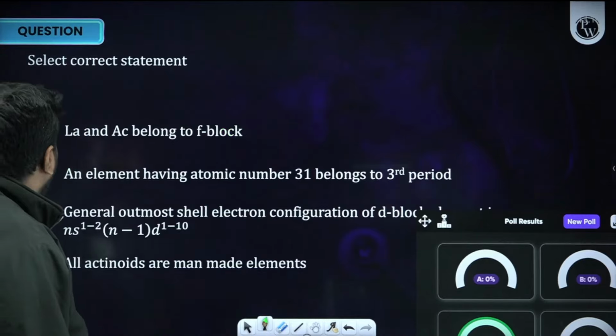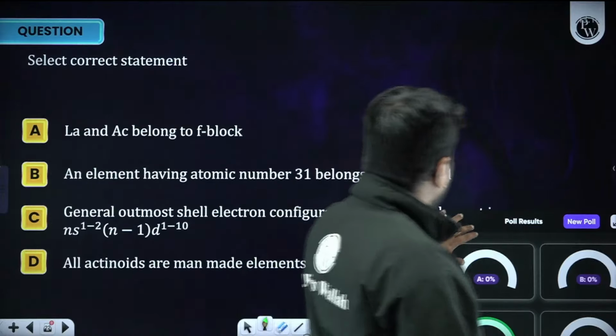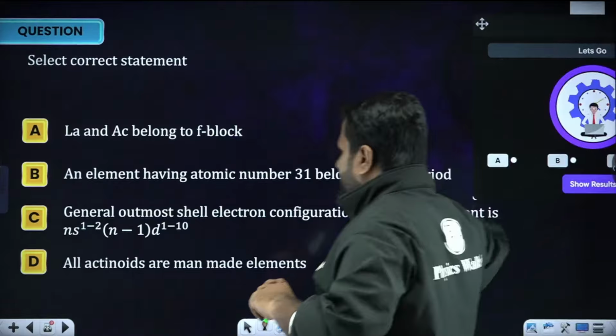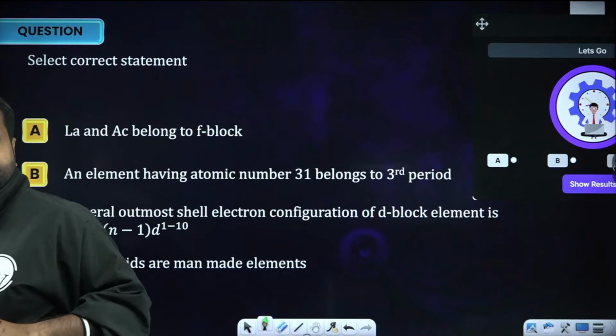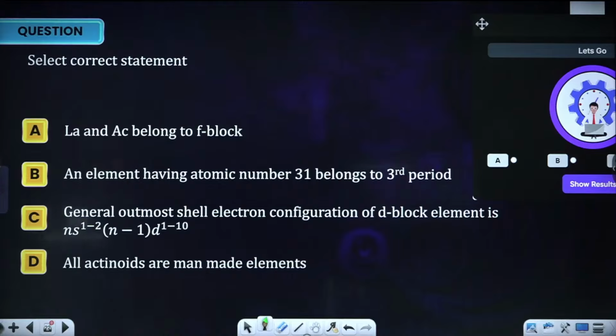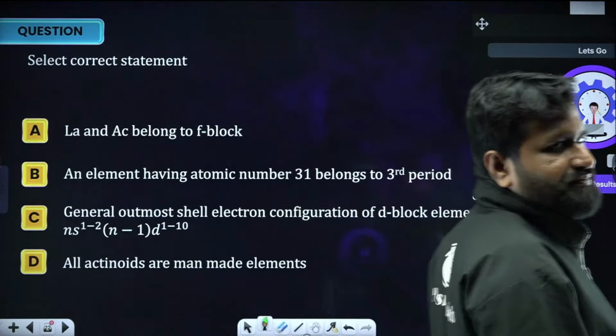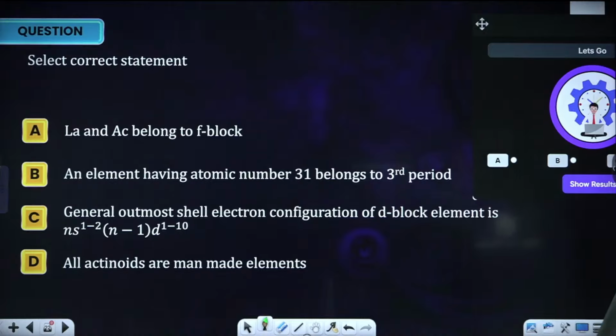Next question. Select correct statement.